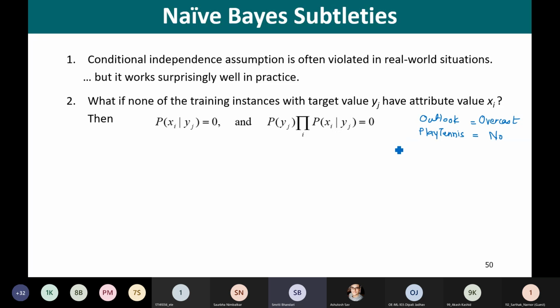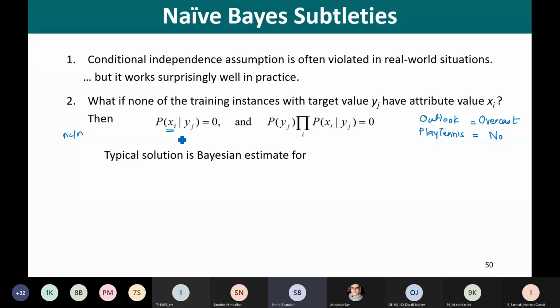Right? This means that if this is the situation, we may face two difficulties. What are those two difficulties? This NC divided by N, or this probability, actually produces a biased underestimate of the probability.